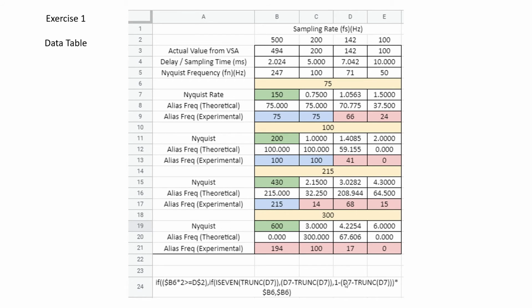So for one, we subtract one, for one, we don't. So we're left with the decimals after the ratio, and then we can multiply that by our source frequency here, and then we can obtain what our expected Nyquist frequency should be based on the aliasing we expect.